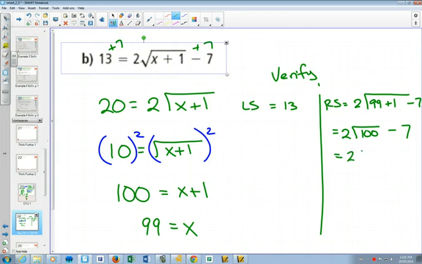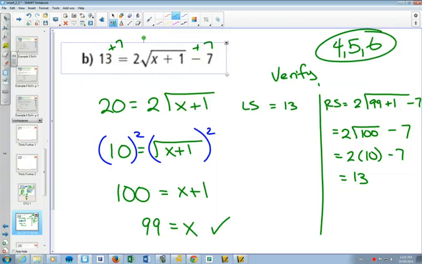Square root of 100 is 10. 20 minus 7 is 13. And this is a real root. Questions you can do? 4, 5, and 6.